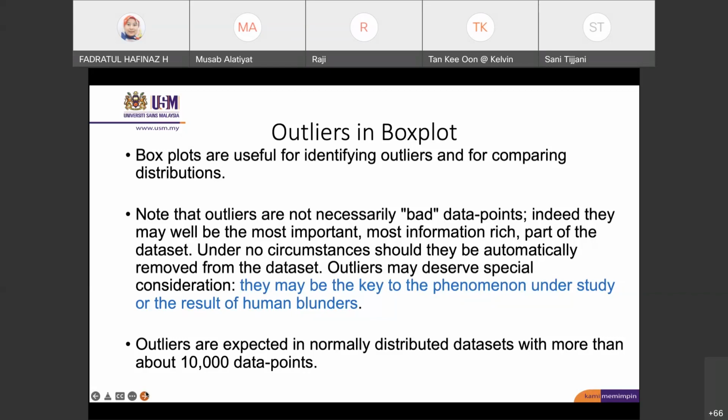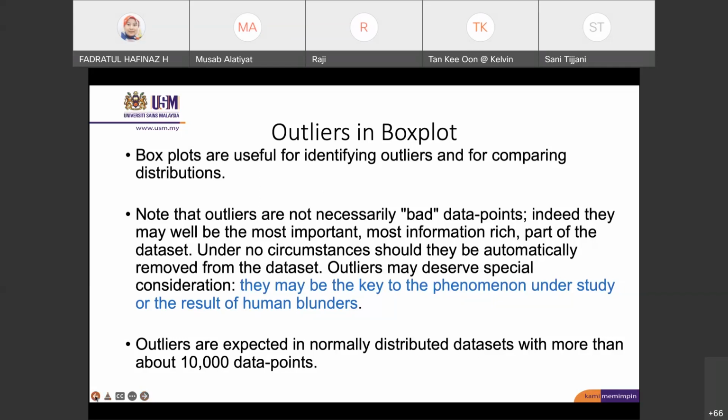So John Tukey, father of statistics, has provided us a precise definition for two types of outliers. Okay, outliers are either 3 times IQR or more above the third quartile, or the 3 times of IQR or more below the first quartile.